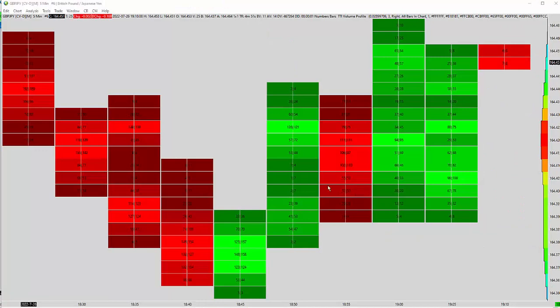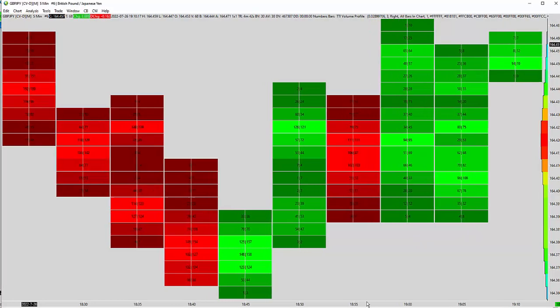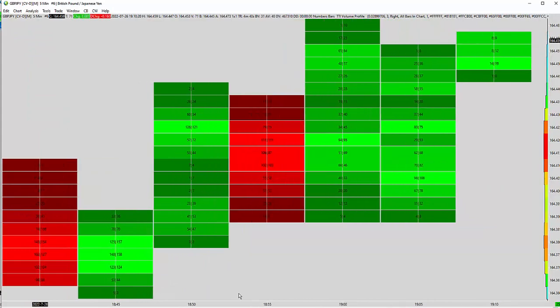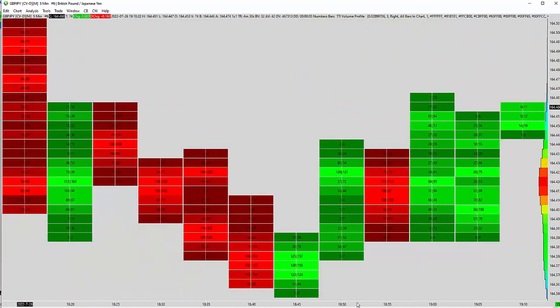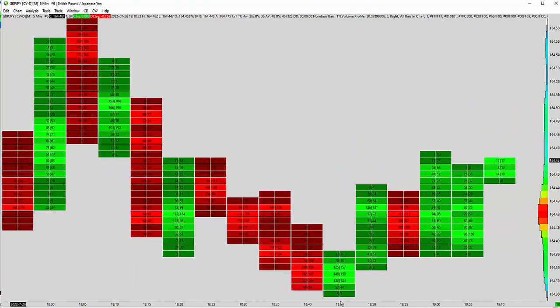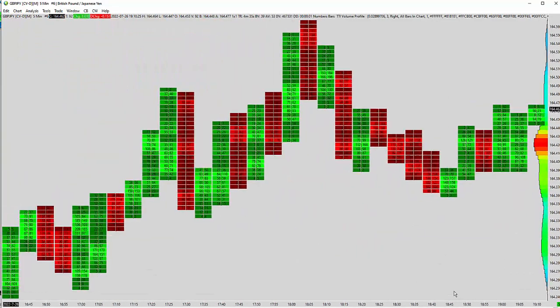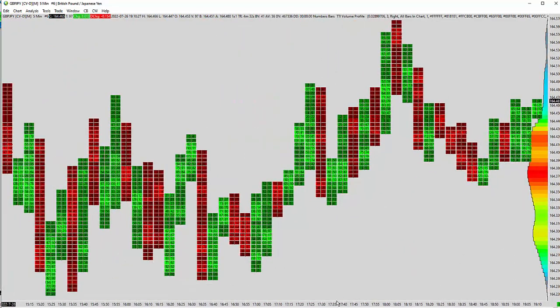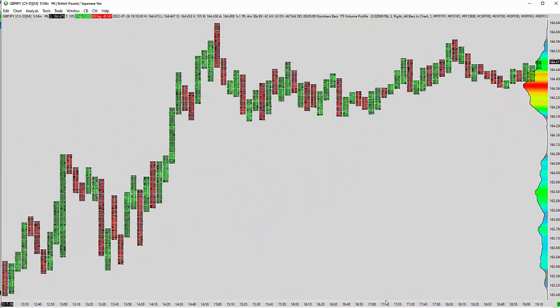And here's a chart for the pound yen, a currency pair that everybody's familiar with. Same thing. The numbers on the bars don't mean much really, but the volume profile means a lot. And the way we teach it, we explain it, there's a lot of benefits to it.